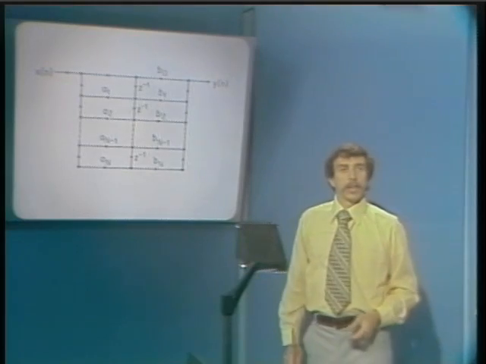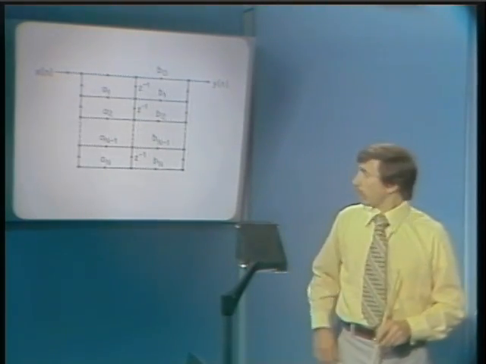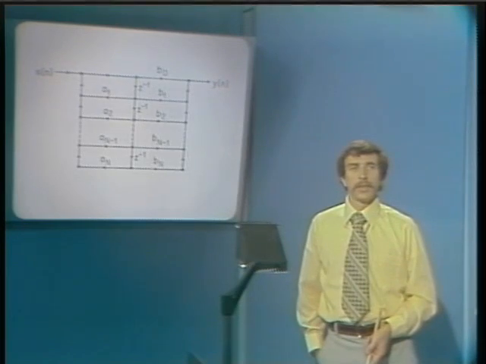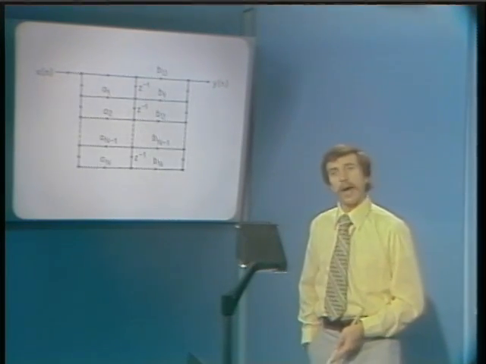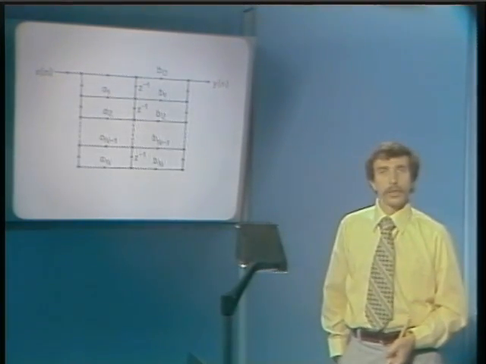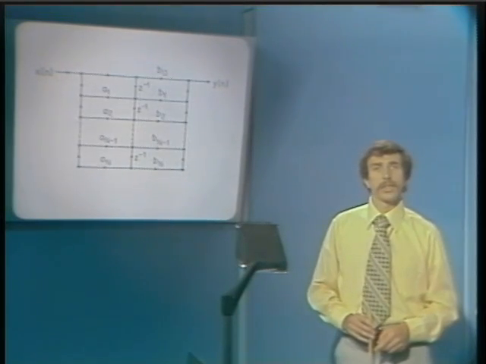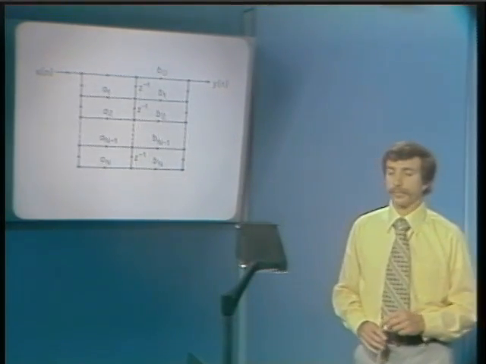Well, to generate another canonic structure, we can take advantage of a theorem that, in fact, is a very powerful theorem in dealing with filter structures, a theorem which is referred to as the transposition theorem.